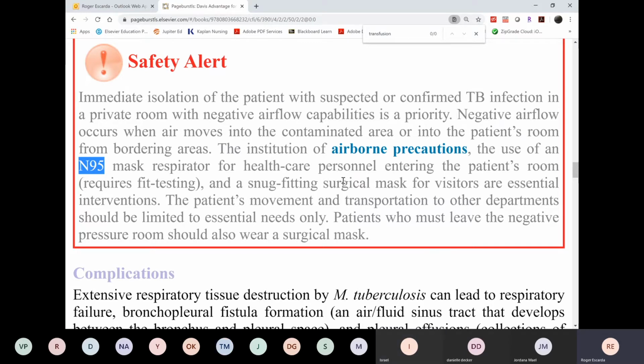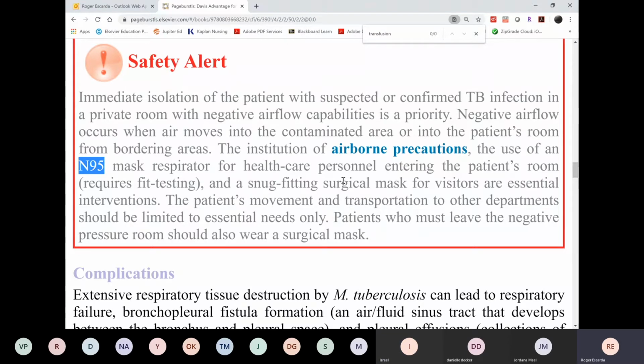If you put a piece of paper or a piece of feather into the crack on the doorway, when the door is closed, you'll see it'll be sucked into the room. That's what a negative pressure room is. So constantly, as the patient is breathing, the air is constantly flowing in and then out through the roof. There's no problem.